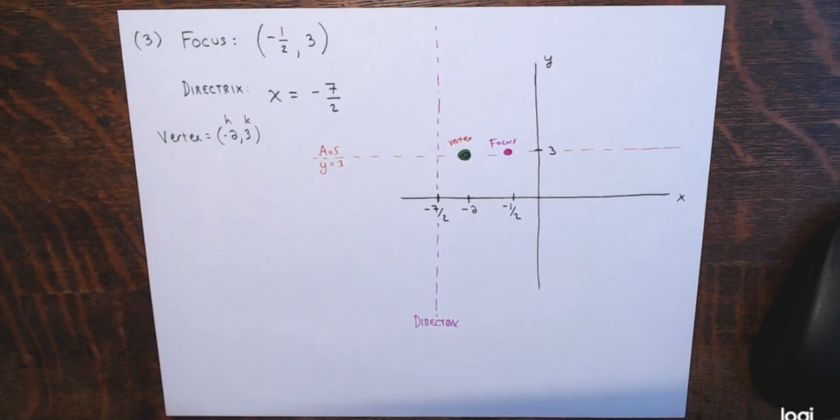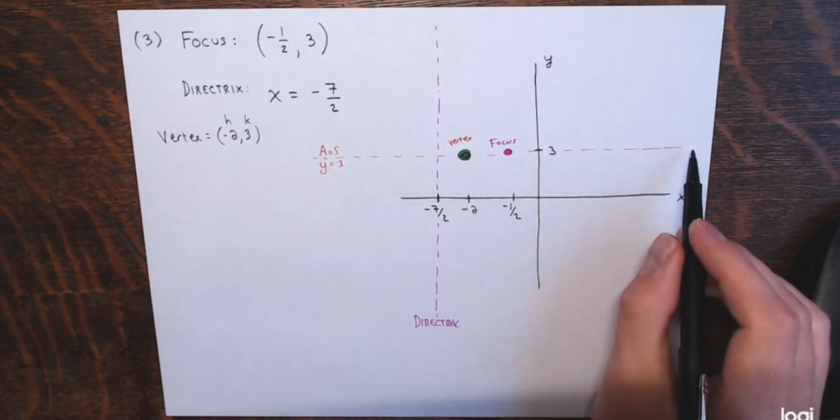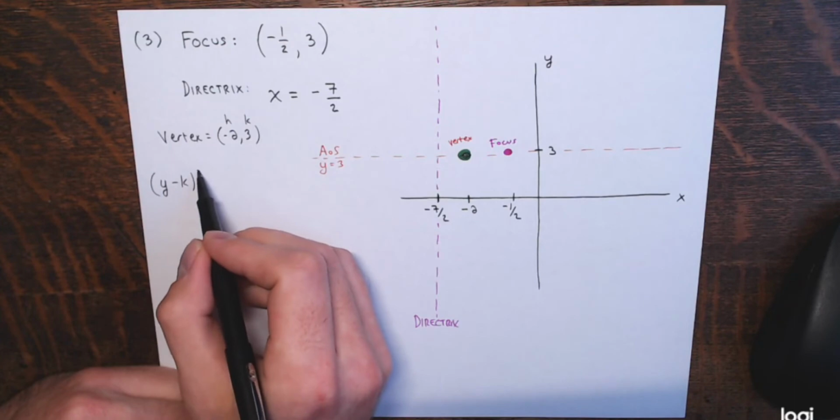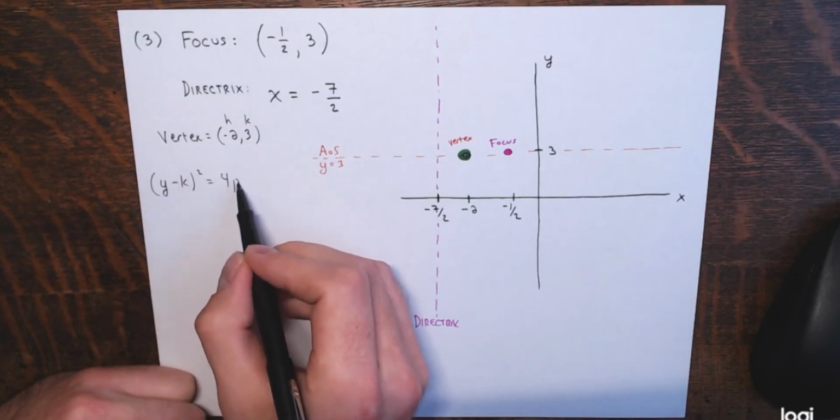Now, because the axis of symmetry is horizontal, we're filling in this equation. y minus k squared equals 4p times x minus h.